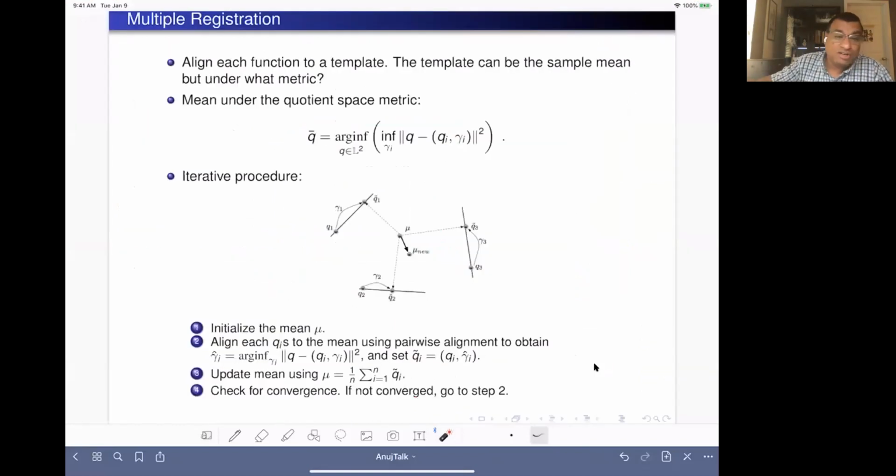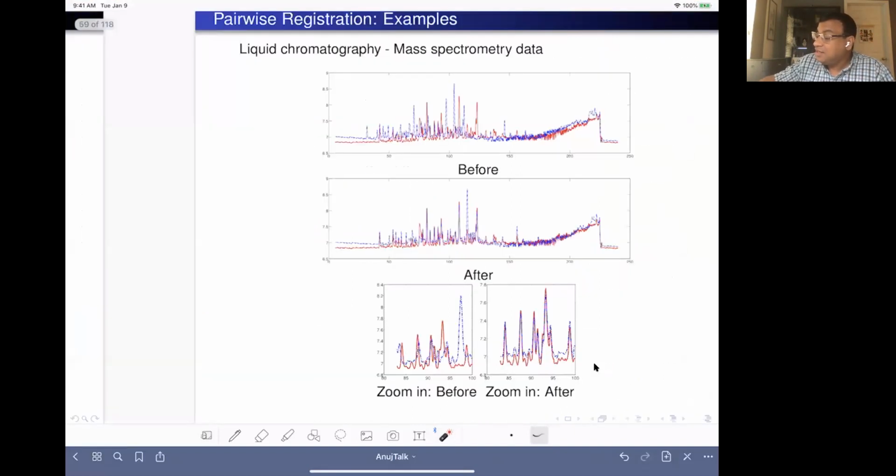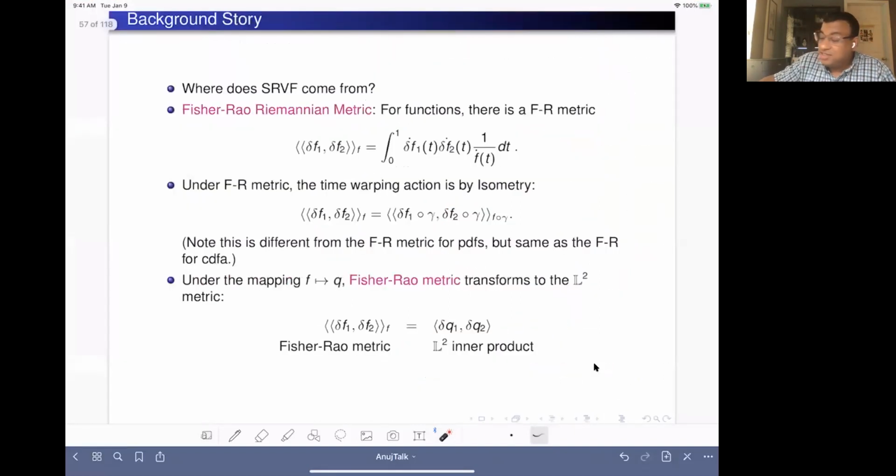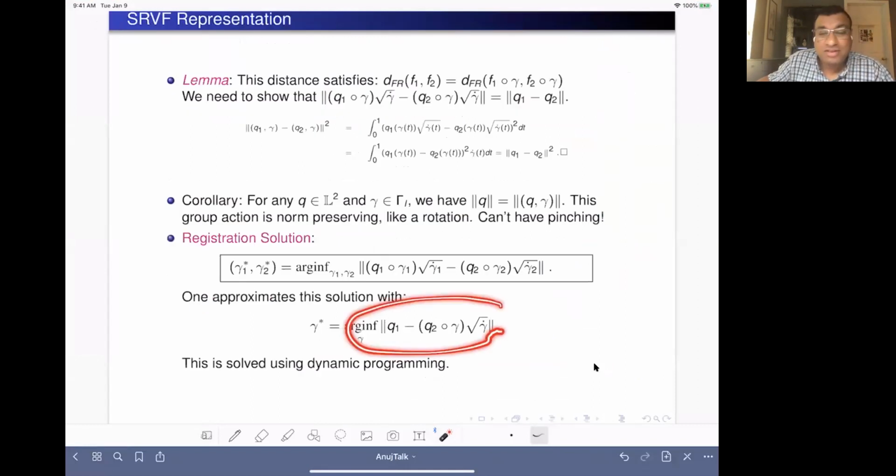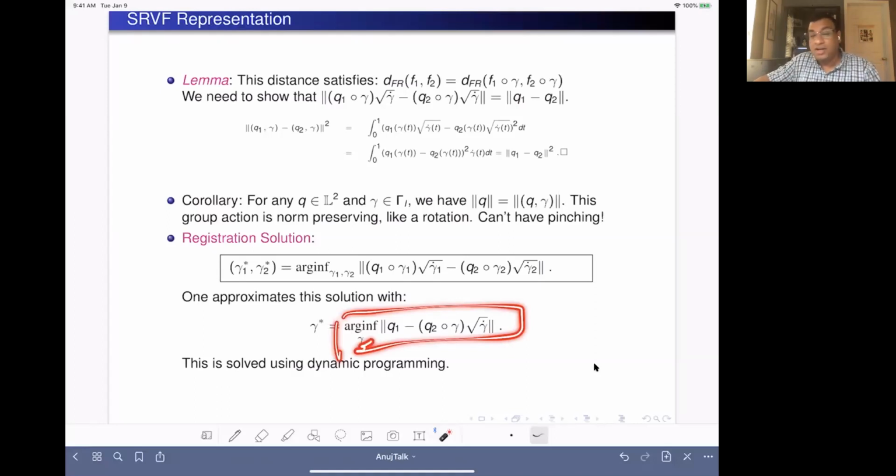Right now I showed you how to do it for two functions. One can do it for multiple functions, because of this infimum, this minimization. This is not only a minimization problem, it has a lot more mathematical properties than I have time to tell you. In fact, this infimum is a proper metric on its own on a certain quotient space.